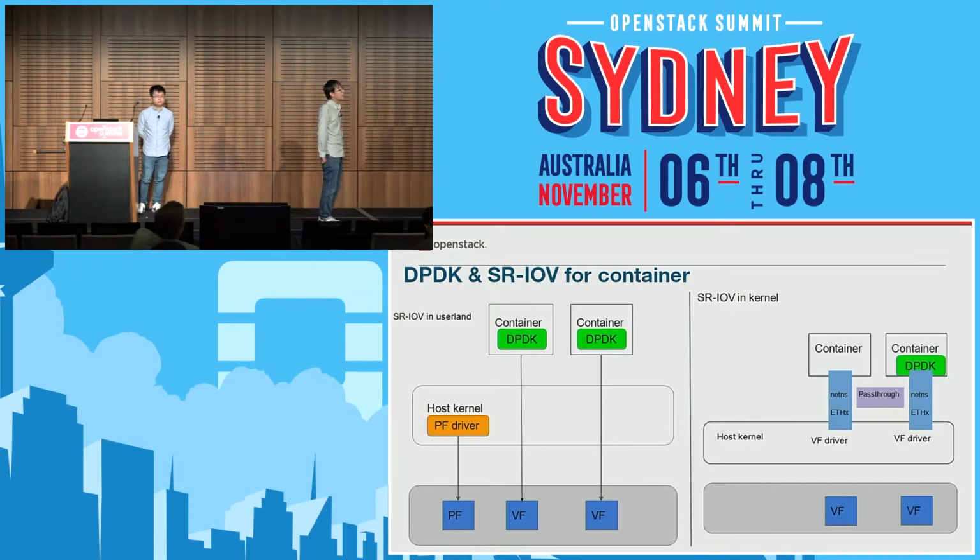So we call it a user-land SR-IOV use case. In this way, the DPDK application in the container just uses the host hardware, and we bypass the host kernel stack. And also in this way, we would get the best performance.